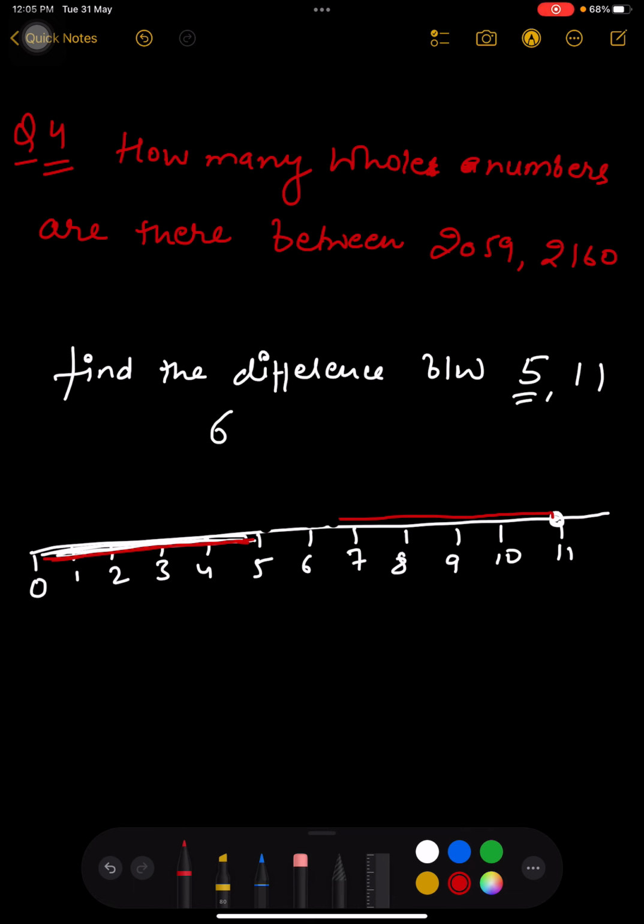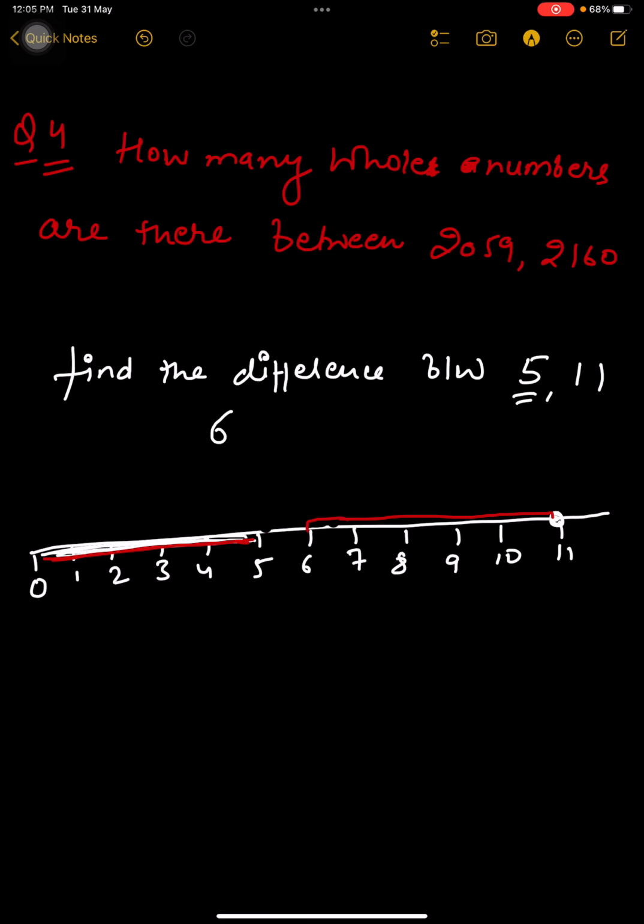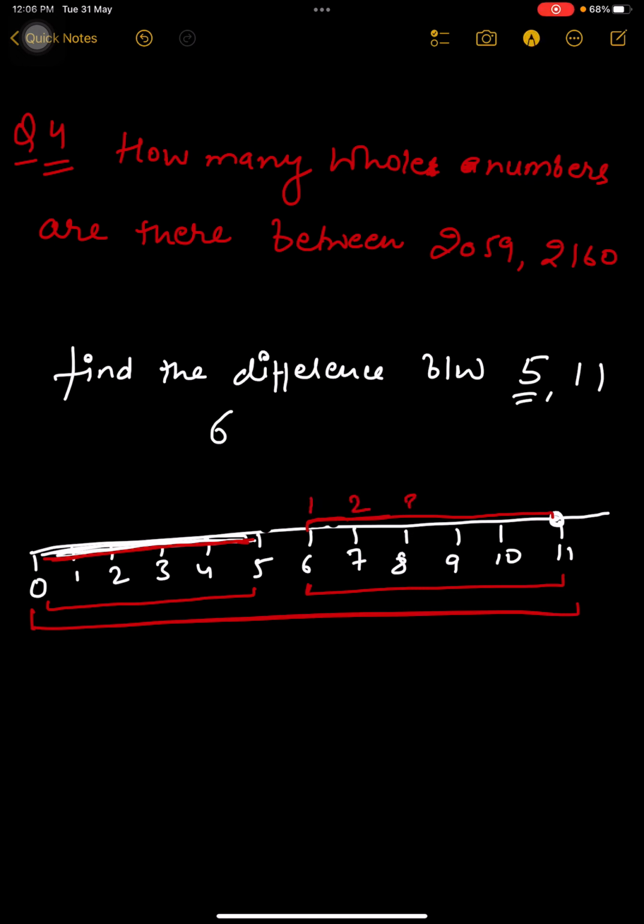I will be left with these whole numbers. I have subtracted this portion from all of 11, so I will be left with this portion only, right? So how many whole numbers are there? 1, 2, 3, 4, 5 and 6, right?